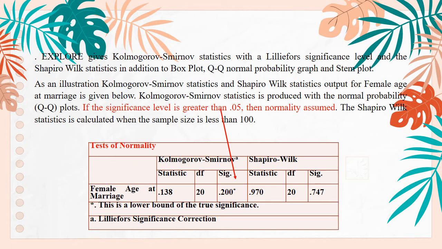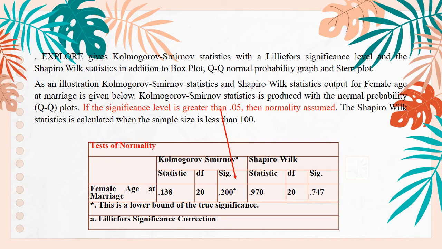Kolmogorov-Smirnov statistics with Lilliefors significance level, as well as Shapiro-Wilk statistics, in addition to the box plots, Q-Q normal probability graph, and stem plots. Therefore, as an illustration, I have calculated using Explore the mean age at marriage by using the Kolmogorov-Smirnov test as well as the Shapiro-Wilk.